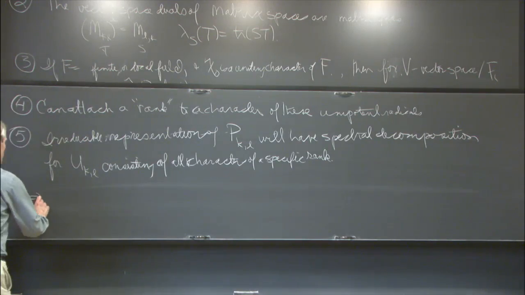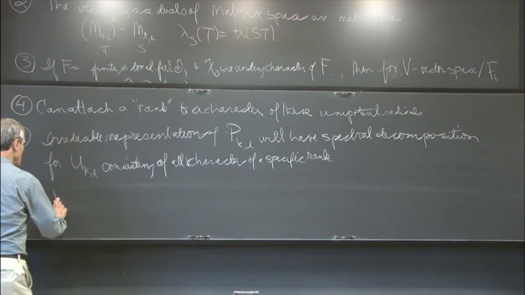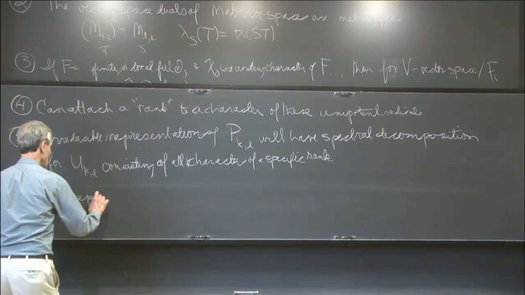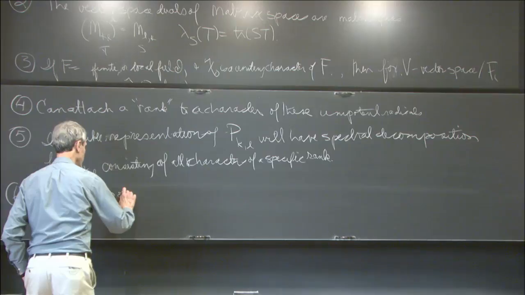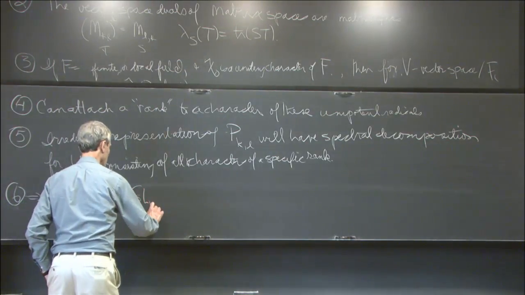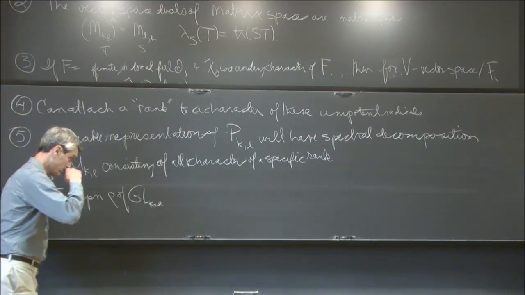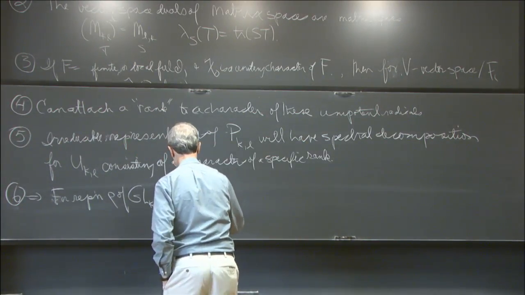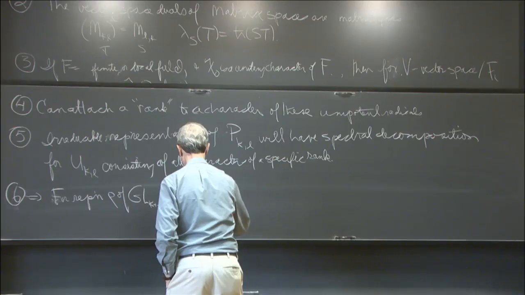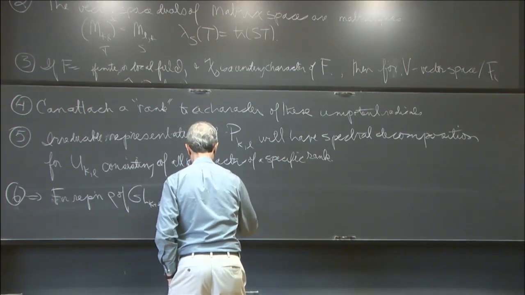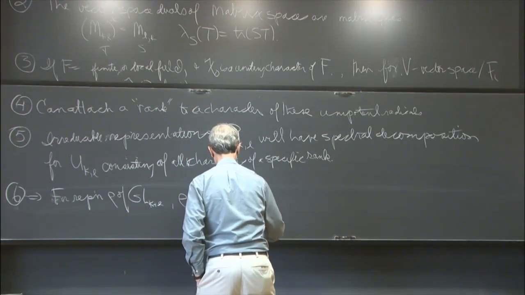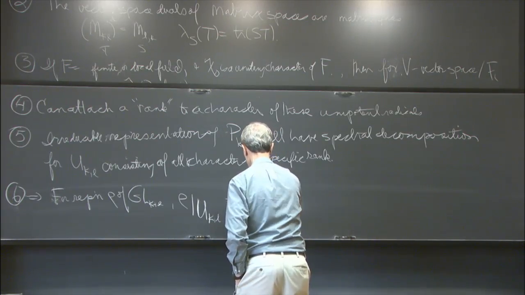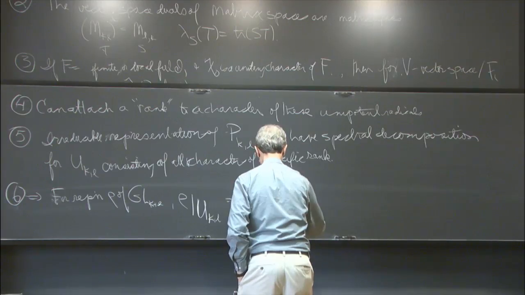So this means that if we have a representation rho of GLK plus L, we can say rho restricted to the unipotent radical will be rho restricted to the parabolic, restricted to the unipotent radical.